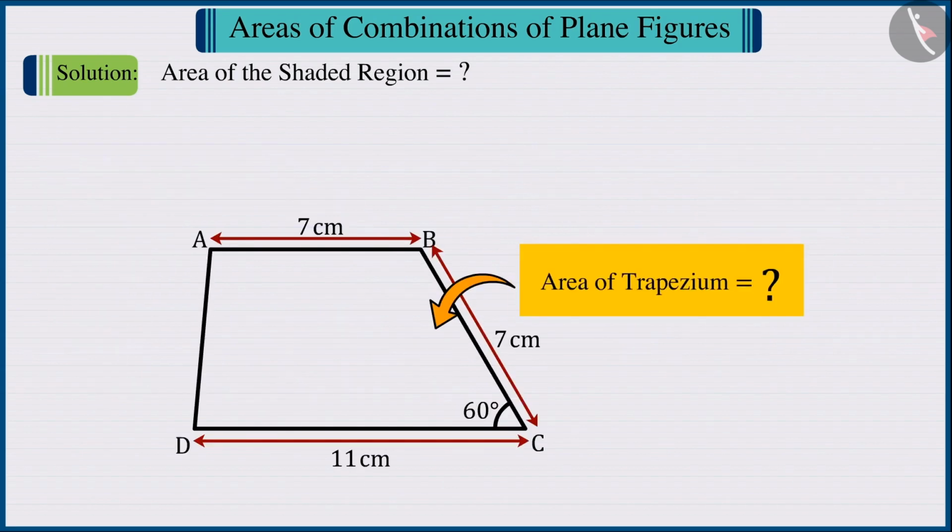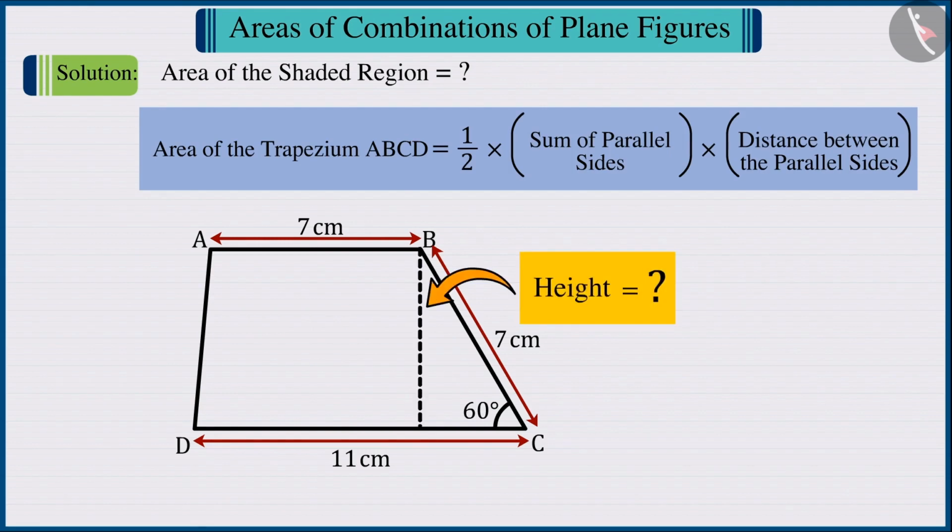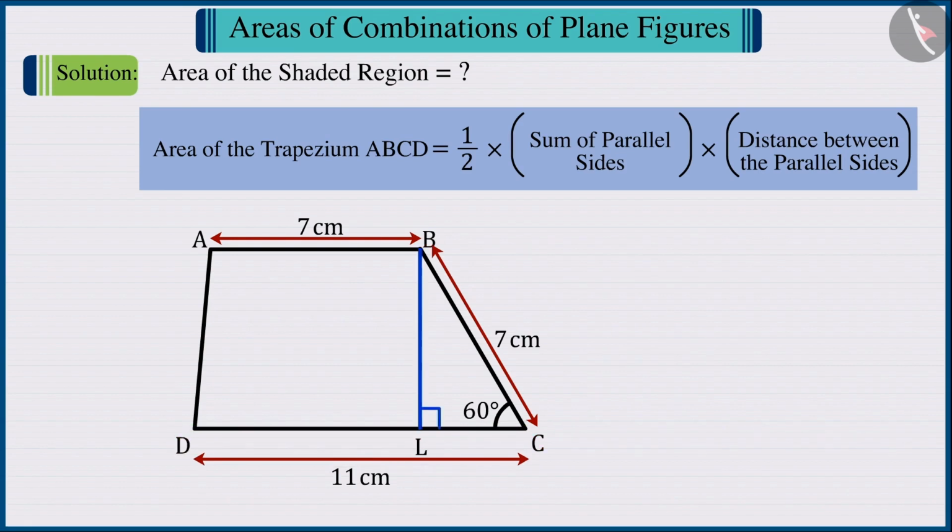Can you find the area of trapezium? Come on, let's see. From the formula for the area of a trapezium, we can see that we need the height of the trapezium. For this, we draw the perpendicular BL from point B on the side CD. Now, we get a triangle CLB where the angle at point C is 60 degrees.